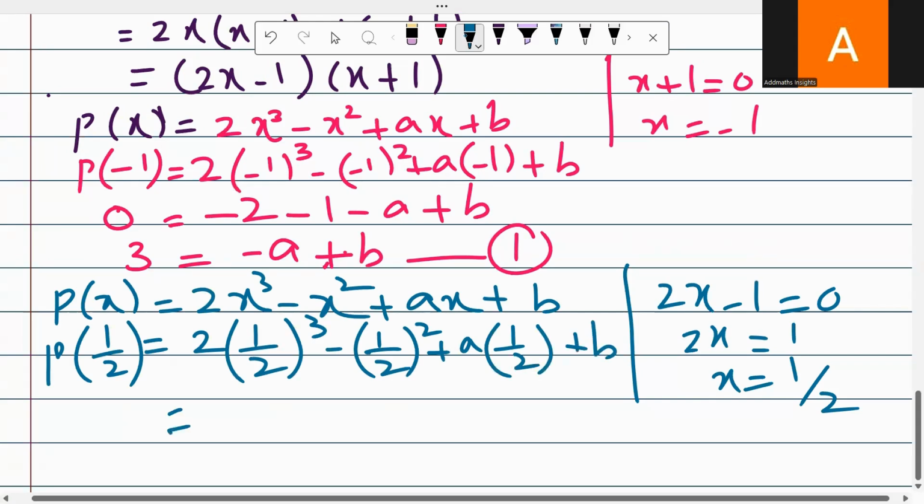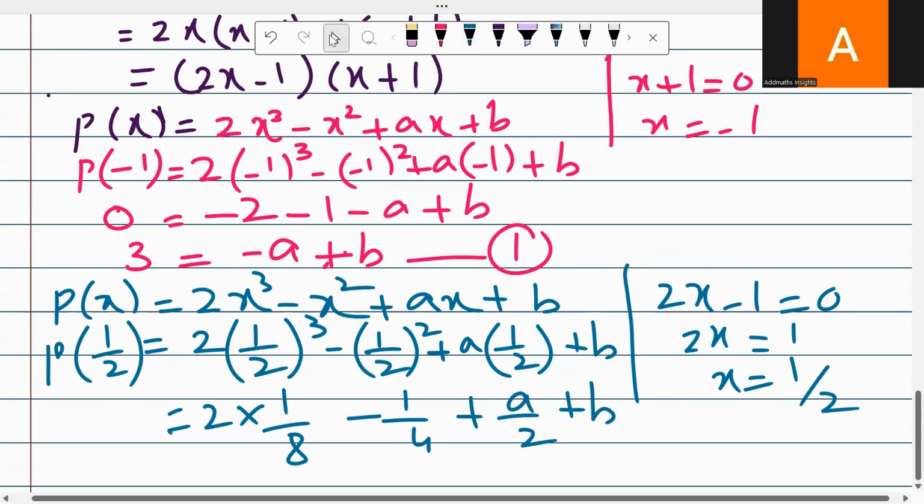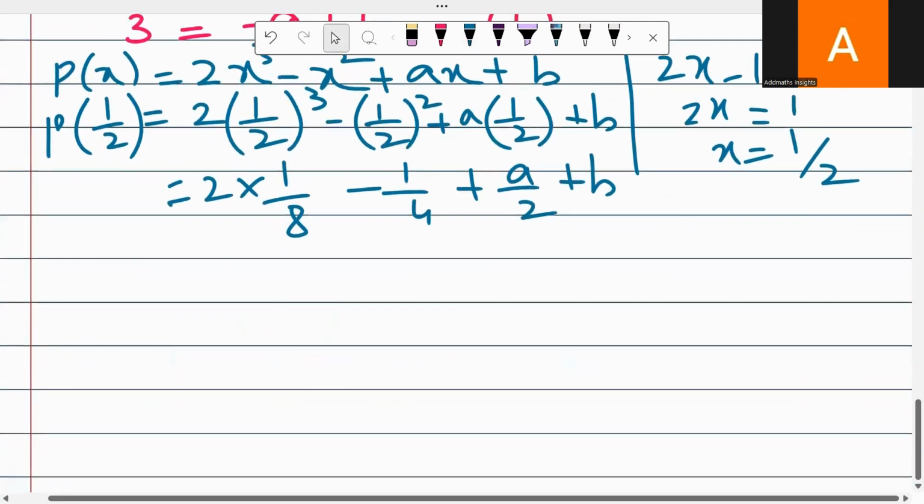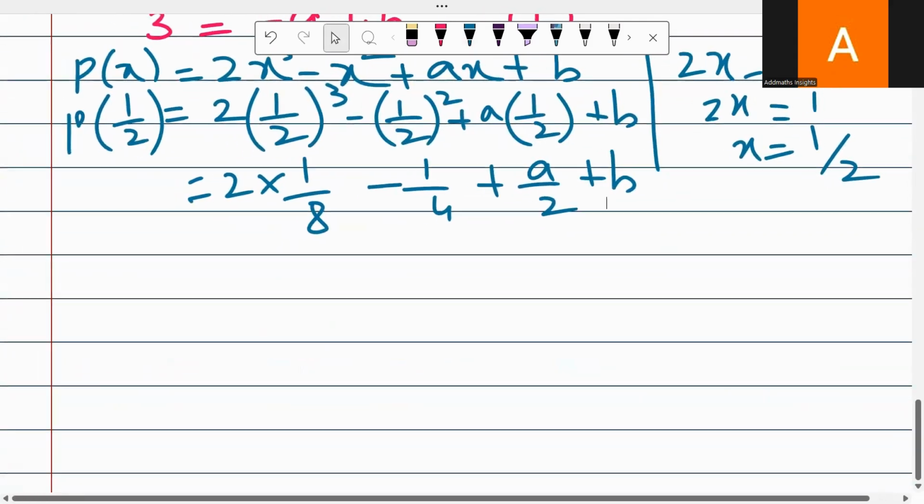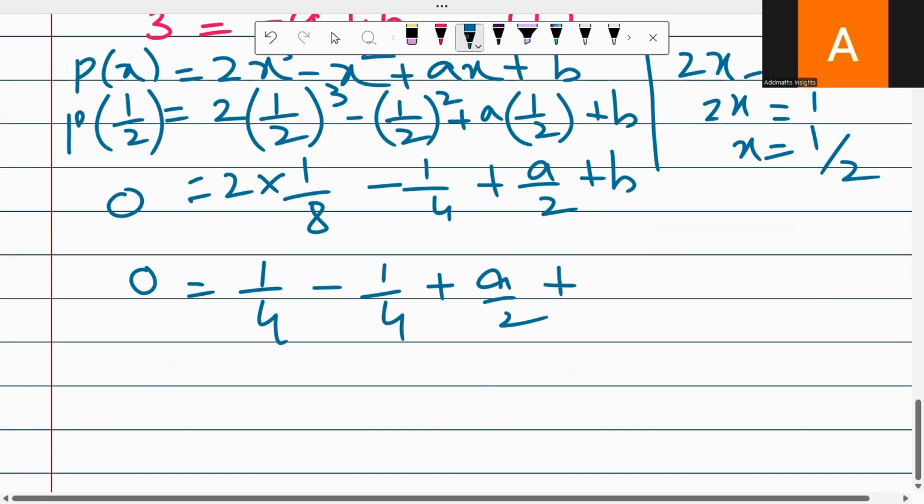Now you can expand it. This is 1 by 4. And this whole expression is equal to 0 because this is a factor. Now you are left with 1 by 4 minus 1 by 4 plus a by 2 plus b. This is 0. So we have the value a is equal to minus 2b.